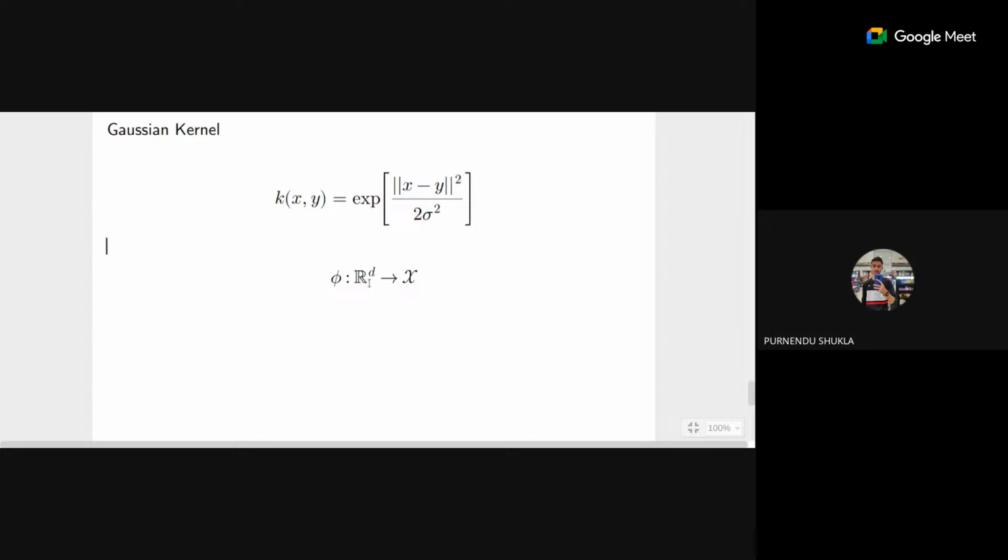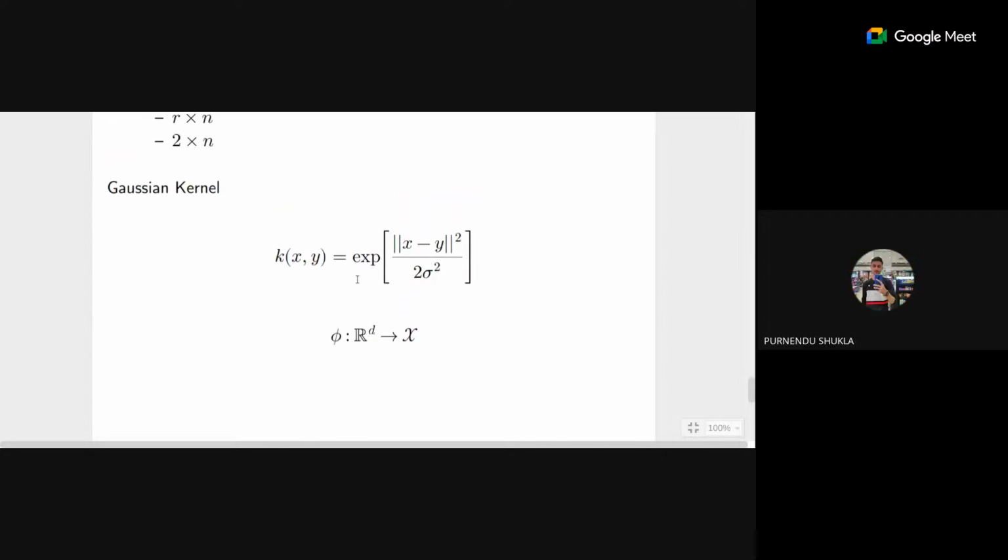Sir mentioned that this exponential thing comes from the distribution itself. This is something totally hard to wrap our minds around, right? So that's the Gaussian kernel.